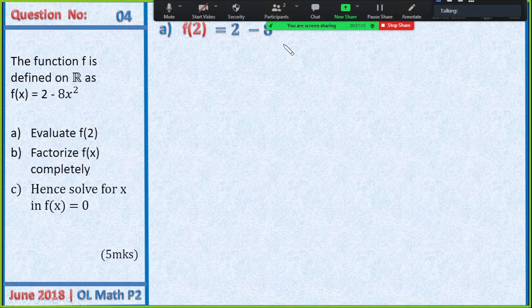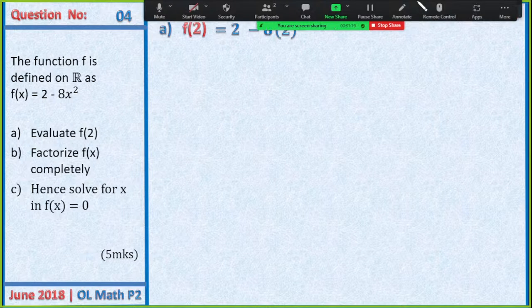I have 8x squared, so I'm going to replace that x by 2 and square it. Can you see that? Yeah, I'm seeing, sir. So that is f of 2. You can now simplify. So this will be equal to 2 minus 32, which is equal to minus 30. That's f of 2.